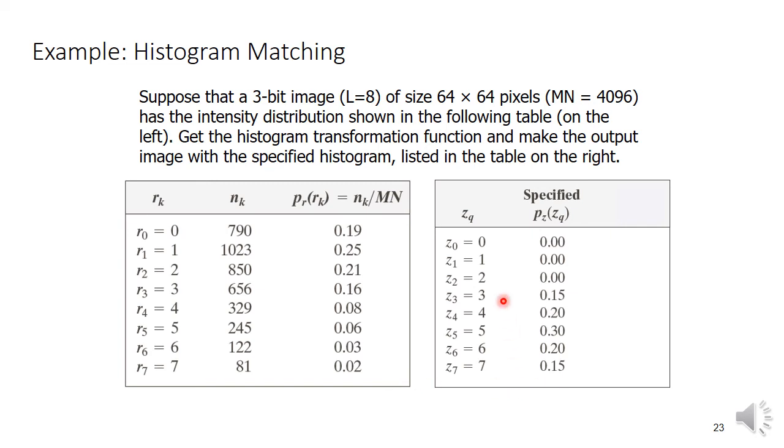Here for z_q, again we have 8 intensity levels from 0 to 7, which is z_0 to z_7, and the probability defined upon z becomes 0 for 0, 0 for 1, 0 for 2, and similarly if the intensity is 3, then we have a distribution of 0.15, then 0.20, and so on.